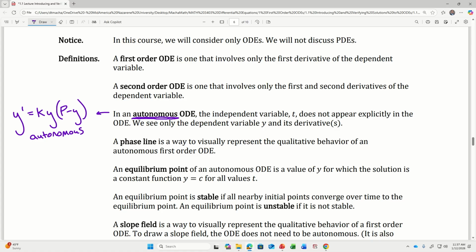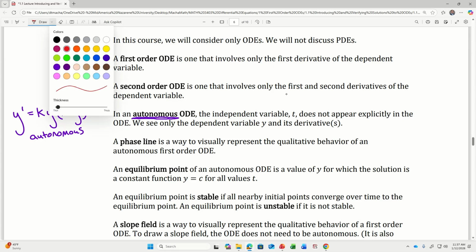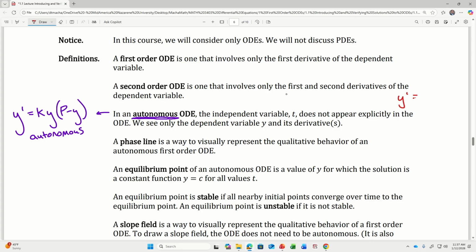It does if I write dy dt instead of y prime, but what I mean to say is, like, this is not autonomous. Most of, I think even all of the equations from physics are not autonomous.